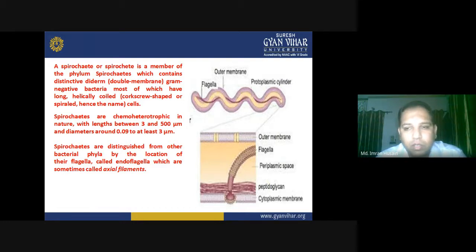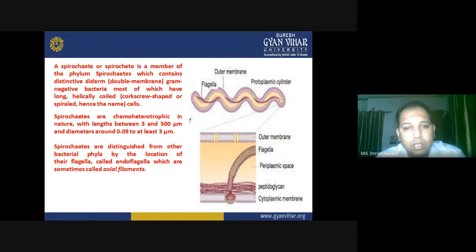So it belongs to the spirochetes, right? And it has a double membrane structure. Particularly because of its corkscrew shape, the name given to this type is spirochete.